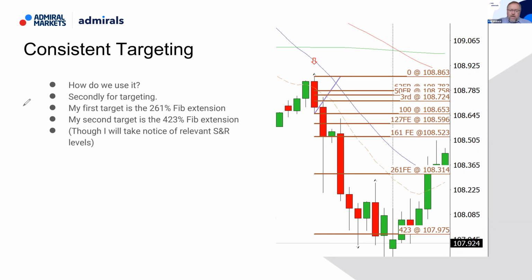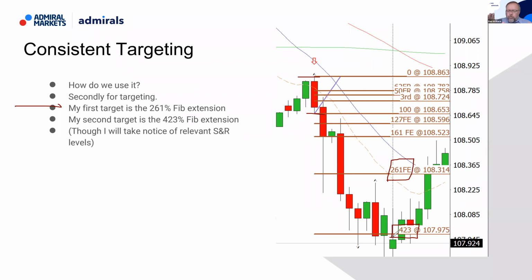And for me, what I normally have is a first target, which is the 261 fib extension of the candle that I'm using as my trigger, and then the other one I might use is the 423 extension. Those are what I'm looking at as my first targets. But as the slide says, I will take notice of relevant support and resistance levels, or big round numbers, psychological levels.